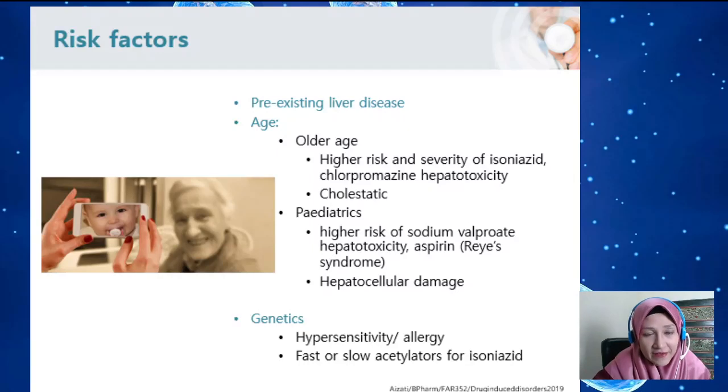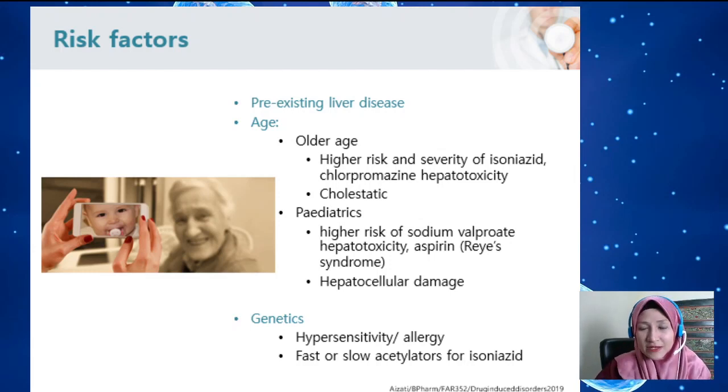And the genetic factor is also one of the important risk factors to develop a liver injury, because particularly we are looking at the effect of hypersensitivity, in which a certain patient has a genetic factor for being hypersensitive to certain medication.